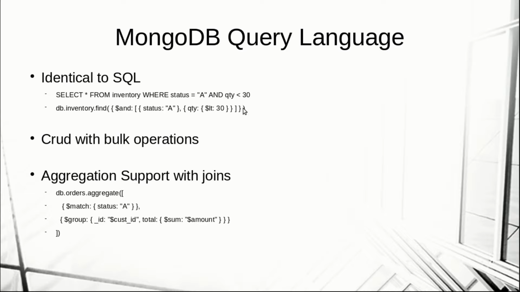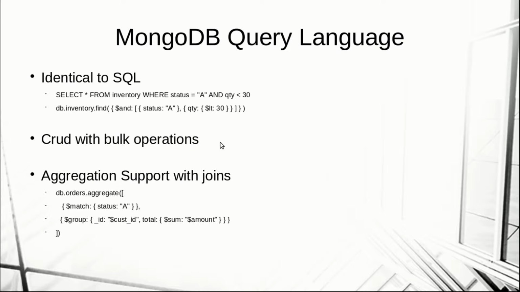It's very easy to use, very easy to learn, and very easy to migrate from traditional SQL to the MongoDB query language, and it comes with a vast array of features. It provides all the aggregation operations, all the grouping operations, order by, joins. It's a very flexible and robust query language. It supports CRUD with bulk operations, so you can achieve bulk inserts, bulk deletes, bulk updates, and so on.